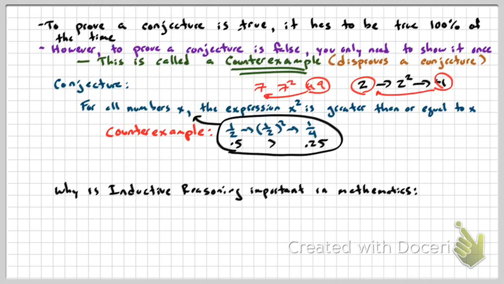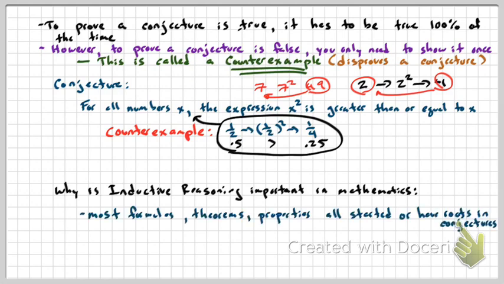So as I said, guys, why is inductive reasoning important in mathematics? It goes back to the foundation, when geometry was first coming into existence, the study of numbers. Most of the formulas, the theorems, the properties, everything that you're told as a definition, all started with roots in a conjecture. People were working with numbers and started to notice patterns, and then studied them over and over again.